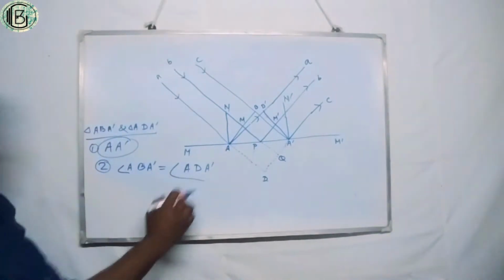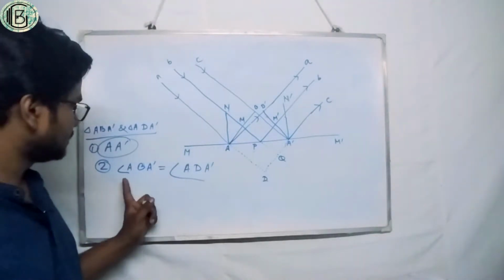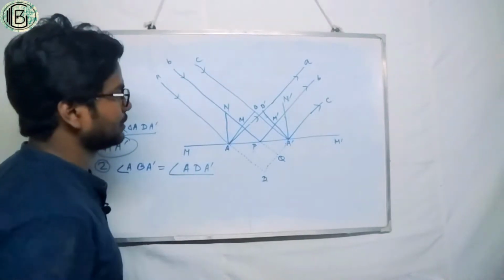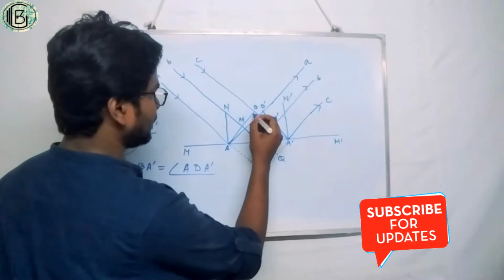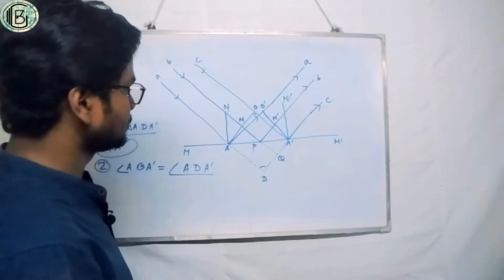Now why are these two angles equal? This is because both are perpendicular, I mean 90 degrees. So this angle is 90 degrees, and again this angle is 90 degrees.